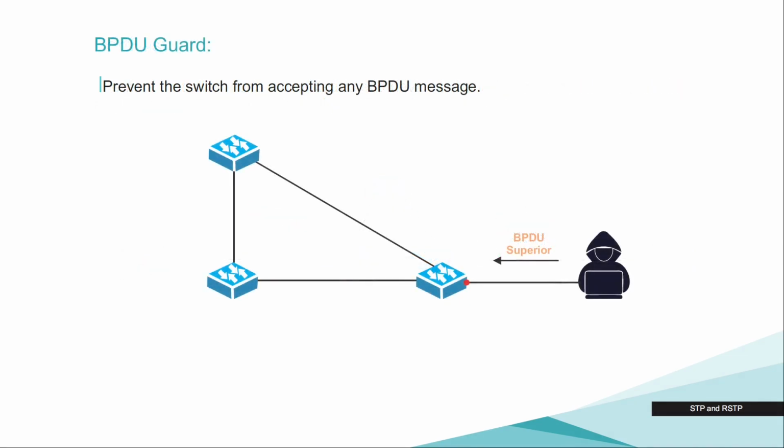In order to secure our devices, we can use a command called BPDU Guard. The BPDU Guard command will prevent the switch from accepting any BPDU message on the configured interface. In our topology, we have 3 switches and 1 end device connected to one of our switches. A hacker can connect to that interface and send a superior BPDU message.